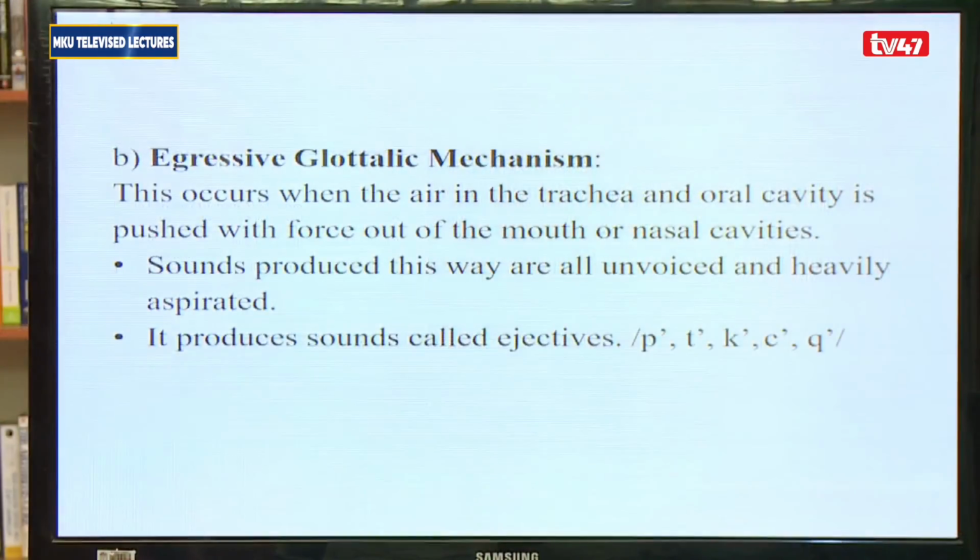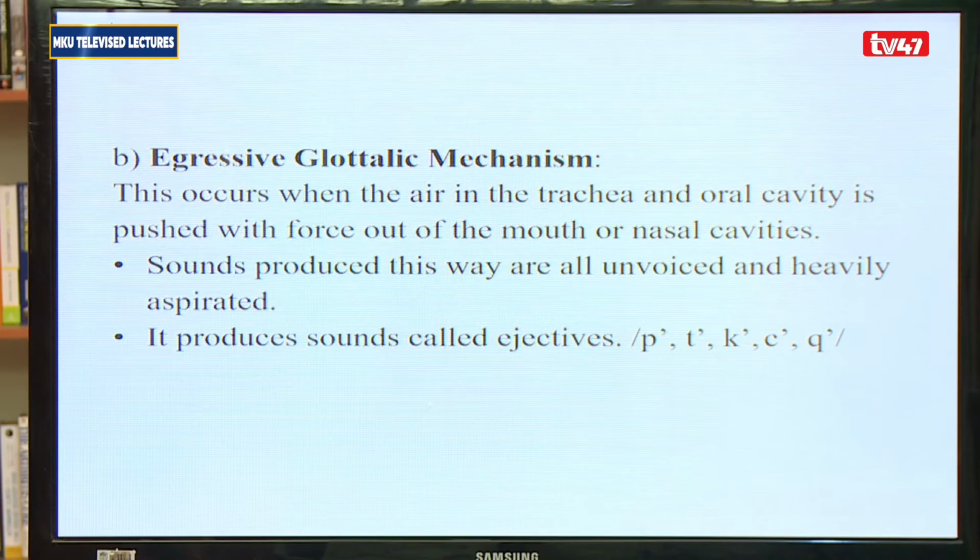Under glottalic, we also have the egressive glottalic mechanism. How does this occur? This occurs when the air in the trachea and oral cavity is pushed with force out of the mouth or nasal cavities.